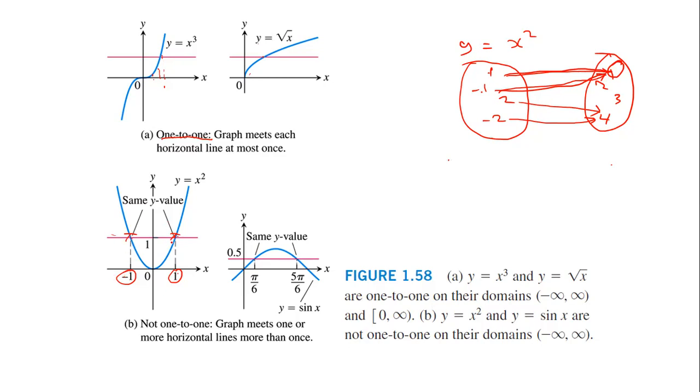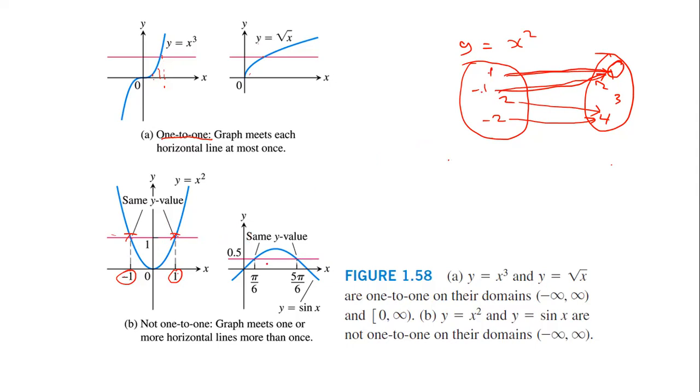So this function is not 1-to-1. Why? Because 1 maps to 1 and -1 maps to 1. Is that clear? Clear. Okay, and same thing in this function.